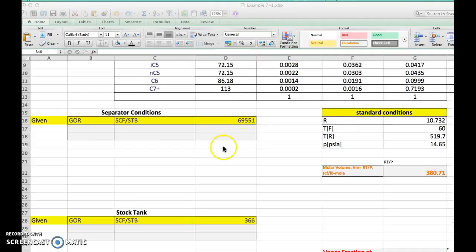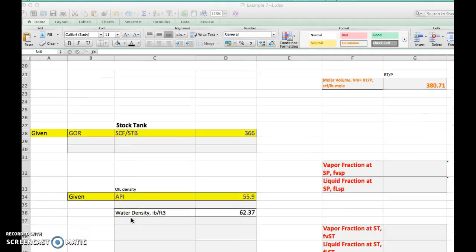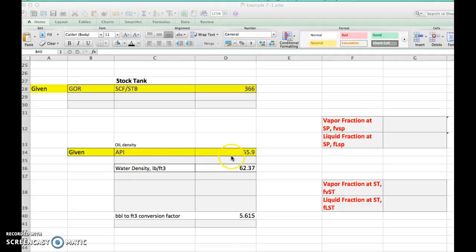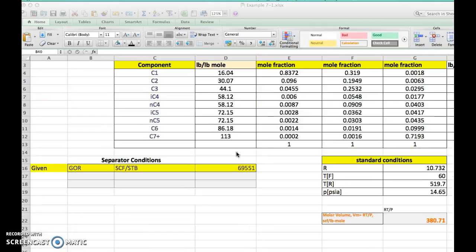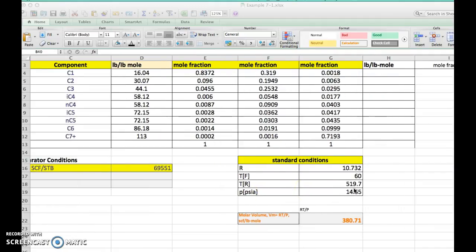We have gas oil ratio at separator, gas oil ratio at stock tank, and the API degree, which you could use to calculate the oil density. We also have standard conditions, temperature and pressure. I'm going to talk about why we need that.